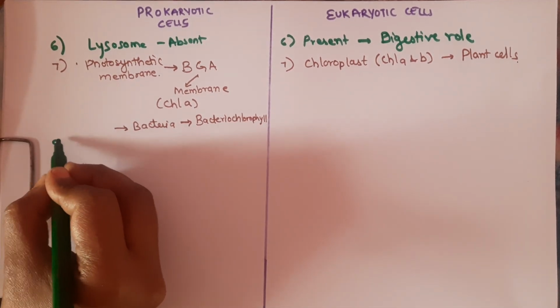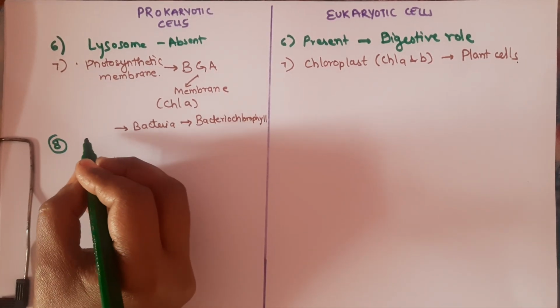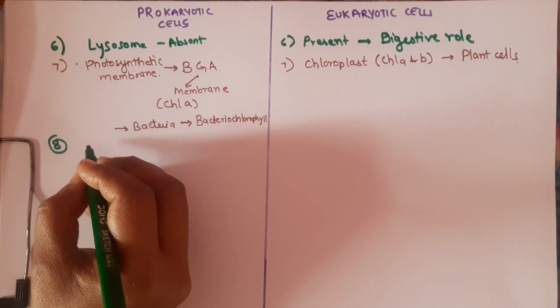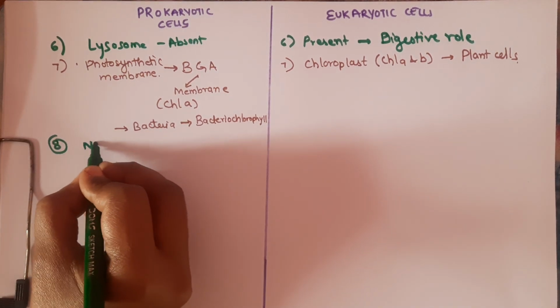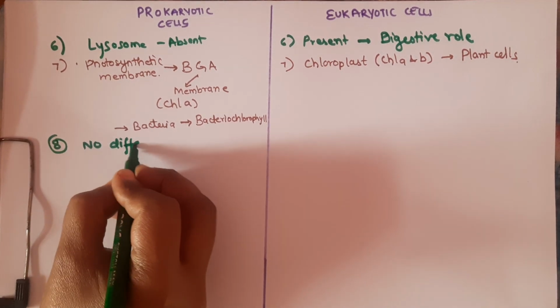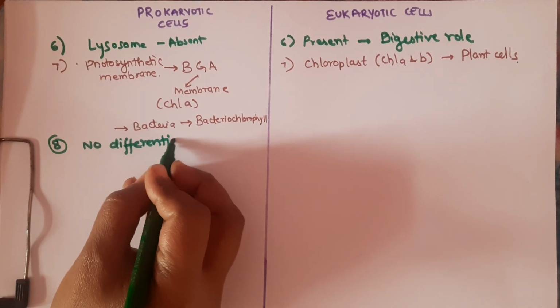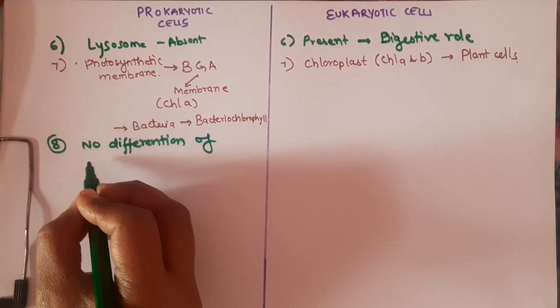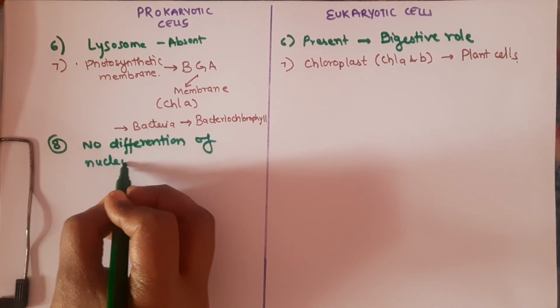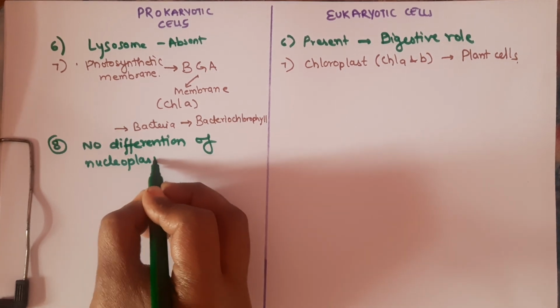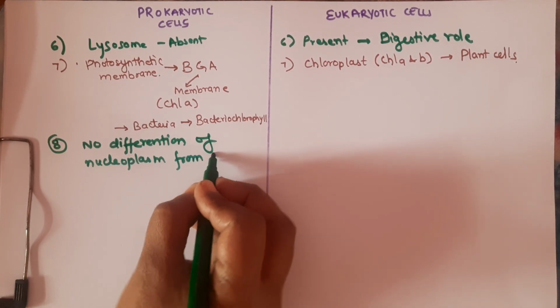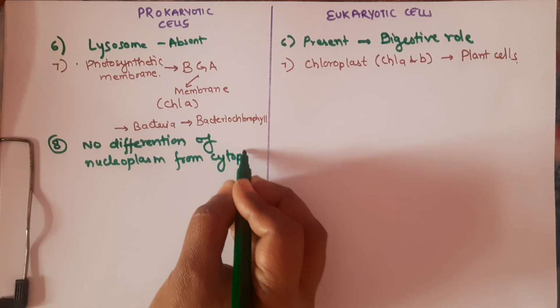The eighth difference between the two is that the nucleoplasm is not differentiated from the cytoplasm. So no differentiation of nucleoplasm from cytoplasm in case of the prokaryotic cell.